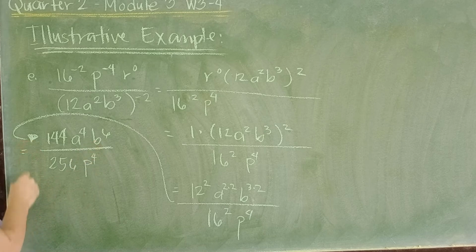Now, bago maging final answer yan, titignan muna natin kung pwede pang kunin yung lowest term ng 144 over 256. So, ano yung pwede kong pang-divide sa 144 tsaka sa 256? So, yung pwedeng pang-divide dyan is 16.